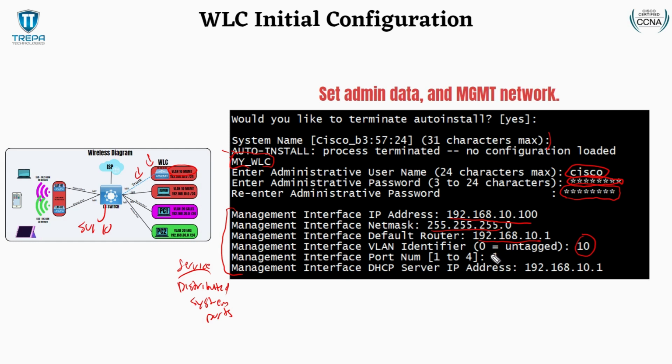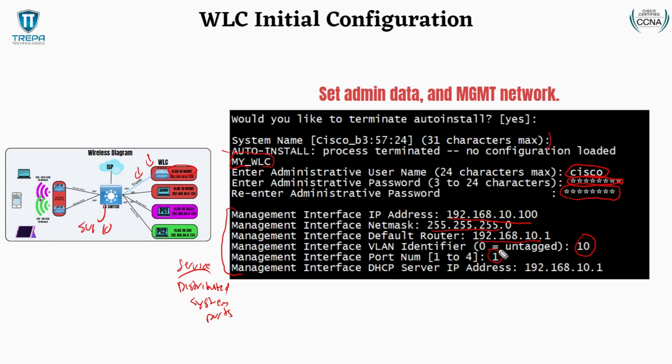And then we're going to decide which management interface port is actually going to be doing this data traffic. If we were setting up LAG, we would get a different option here. I think for this wireless LAN controller, where I took the screenshots, it doesn't let you do this in the initial CLI configuration, but you can on other wireless LAN controllers.